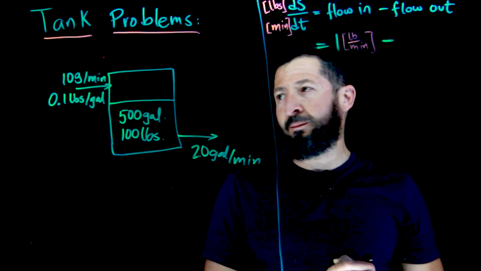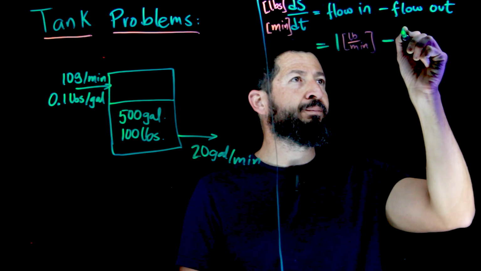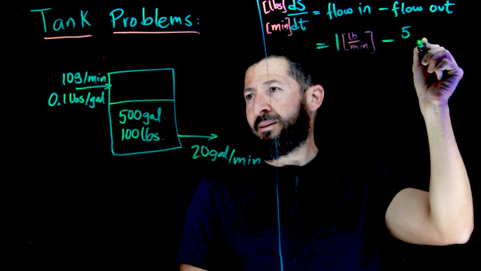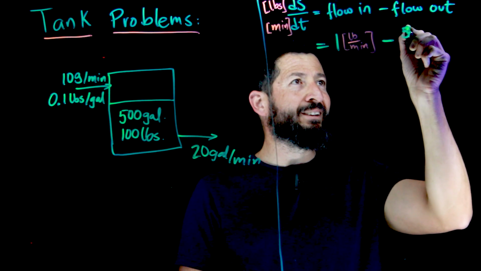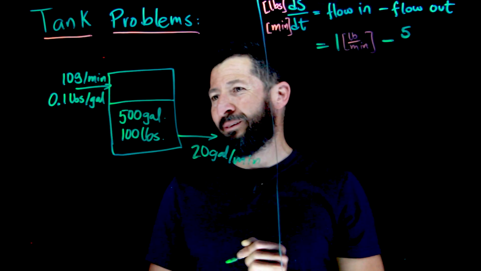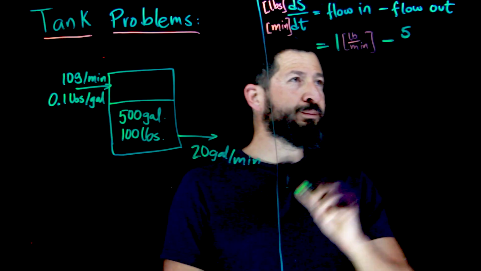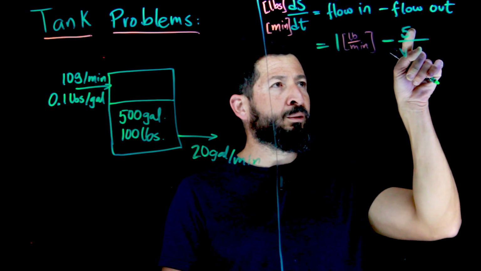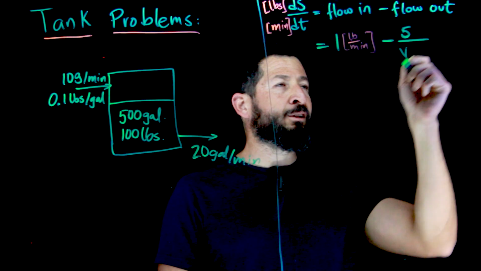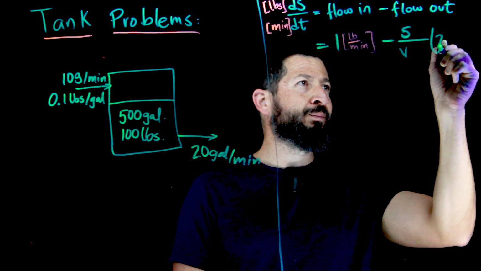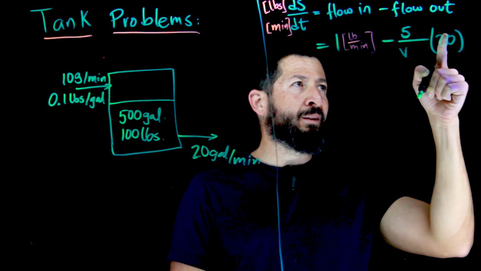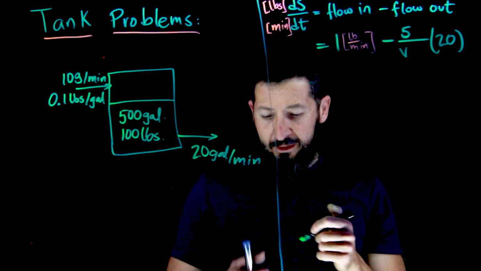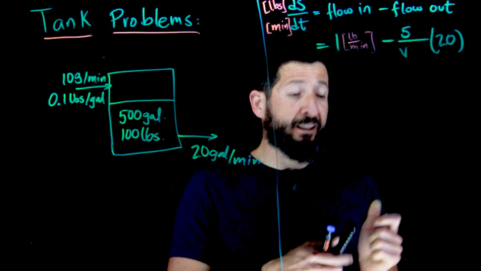Here I'm subtracting, and I have S, pounds of salt in the tank divided by the volume. That's going to give me pounds per gallon. And I have 20 gallons per minute. So gallons per minute times pounds per gallon gives me pounds per minute. So that is the unit that I need.